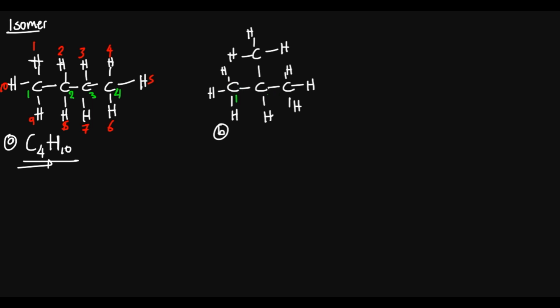Here we have 1, 2, 3, 4. So we can also see that we are dealing with a molecule with 4 atoms of carbon. Then the second one, let's count the hydrogens. 1, 2, 3, 4, 5, 6, 7, 8, 9, 10.